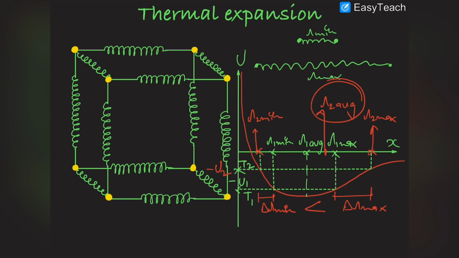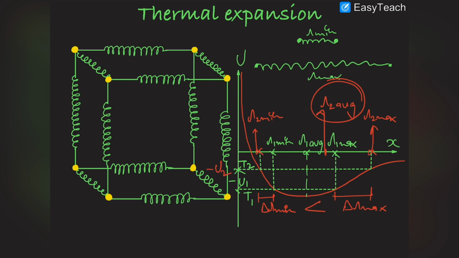Therefore, we can say that overall the average separation between these two atoms has increased, and therefore the length of that pen at higher temperature has increased on the macroscopic level, because on the macroscopic level the average separation between atoms constitutes the total length of the pen. So if the average separation between atoms is increased, then the total length of the pen will be increased, and this is called thermal expansion.